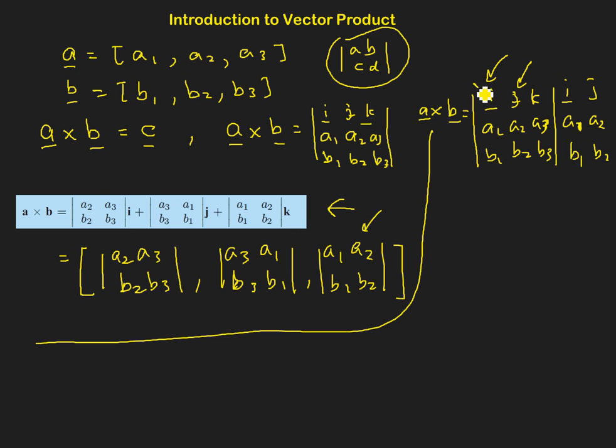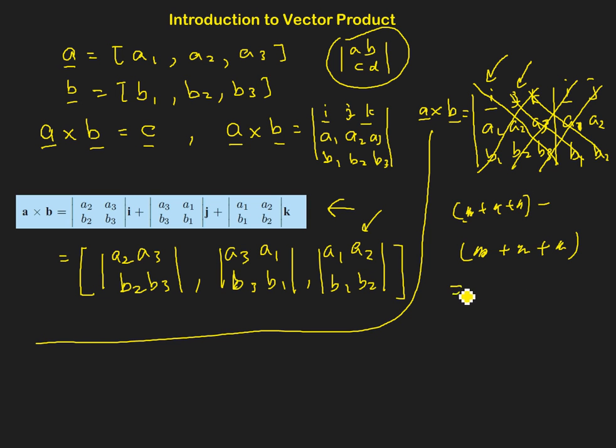We find the product along each of these three diagonals and sum them. Then we subtract the products along the other three diagonals. When you simplify it, you get the vector that you want.